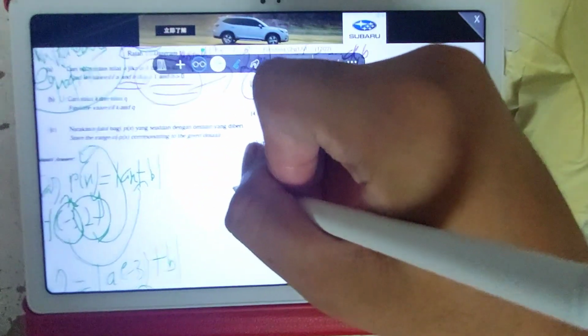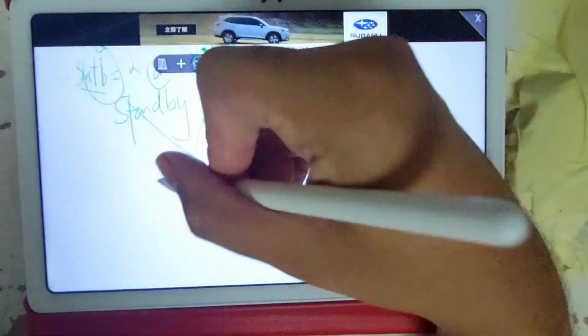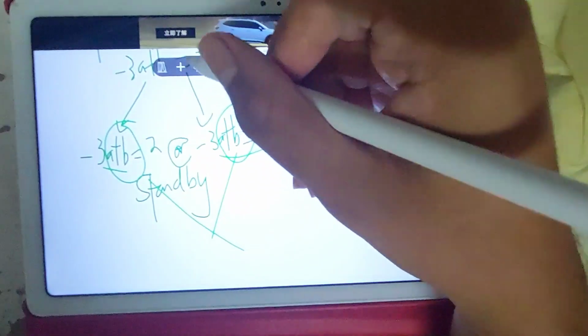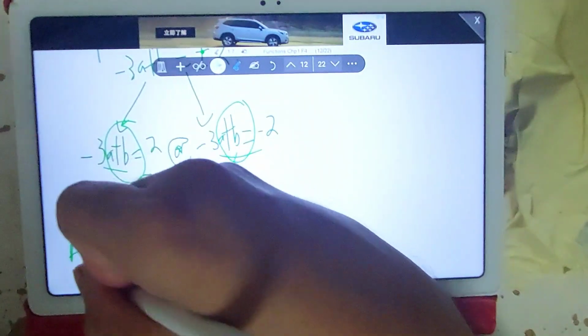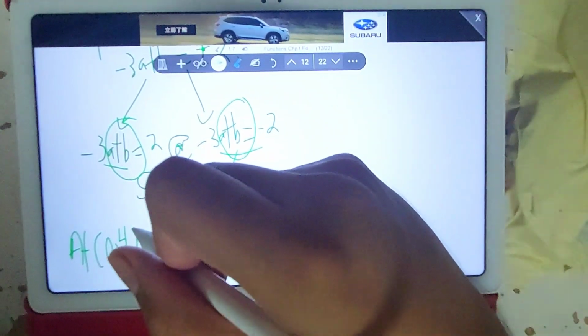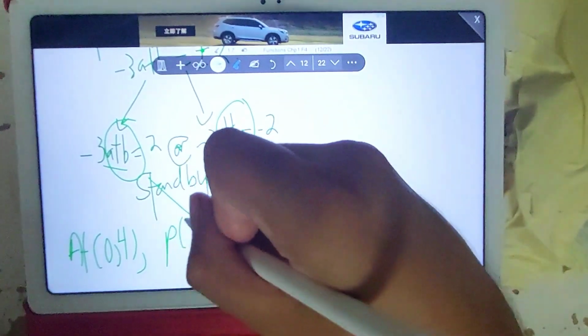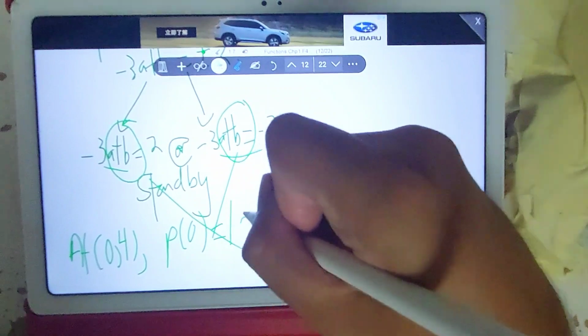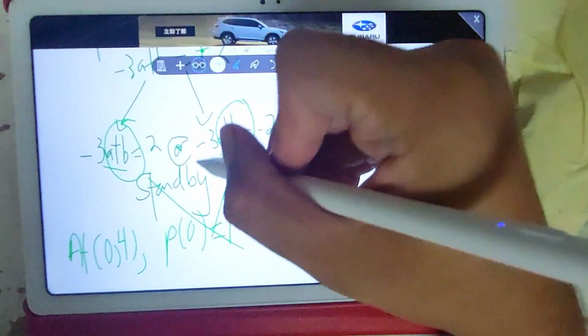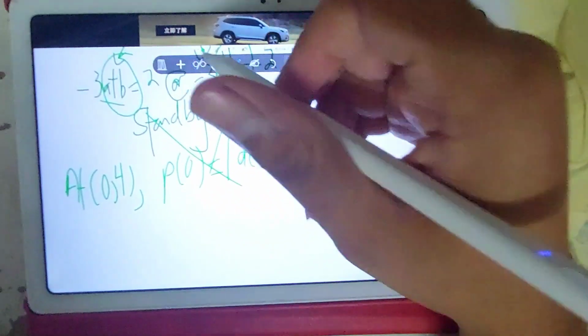So let's work it out here. Let me see, I'll do it down over here. So next coordinate at 0, 4, you can copy down the function P0 is modulus A0 plus B, just to show that you know what's happening.